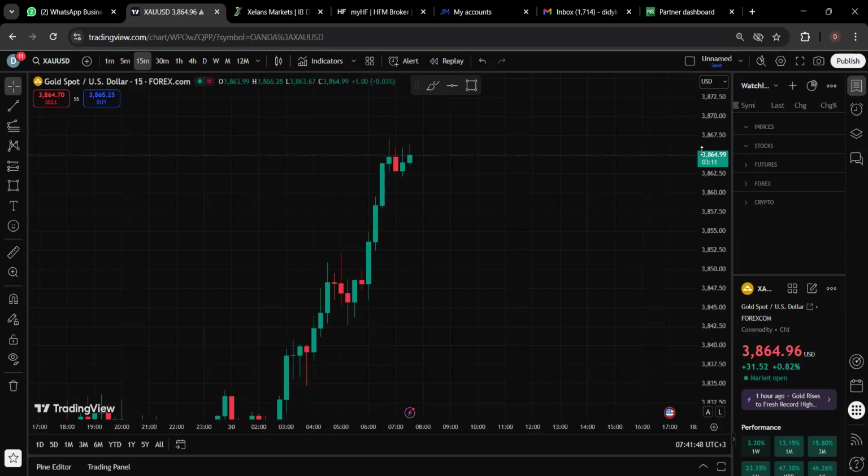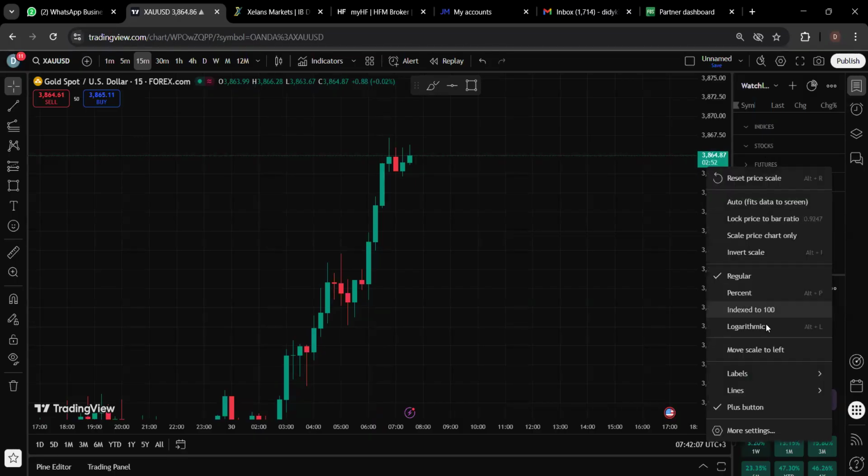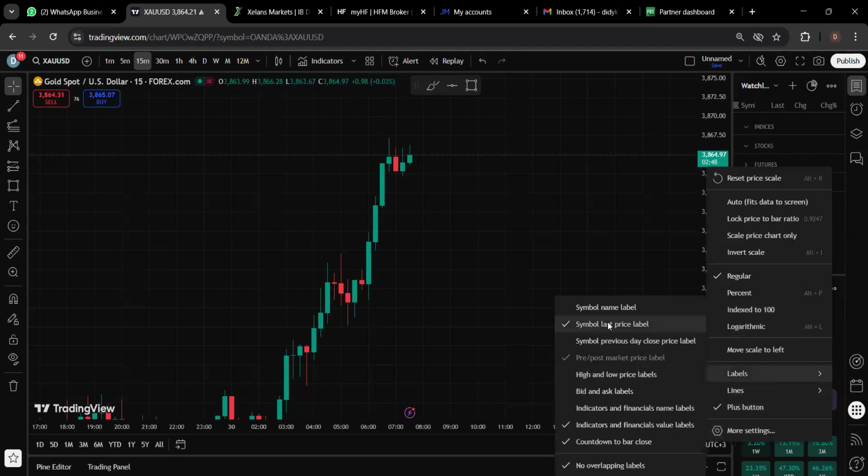If you take your cursor to the green where the price is currently and left click, you will get a drop down menu. Go all the way to labels, open it, and you will see a counter somewhere.